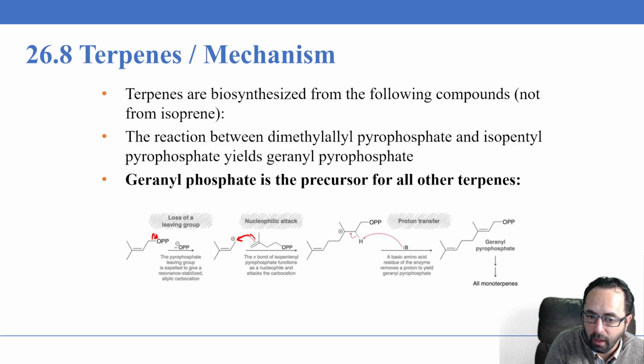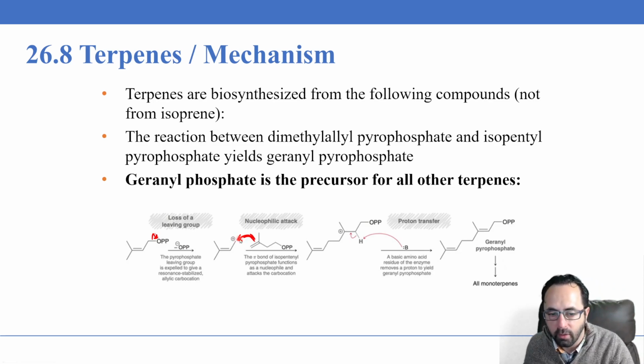Here we have a source of electrons, which is the pi bond. This is the nucleophile. The electrophile here is this positive formal charge on the carbocation.